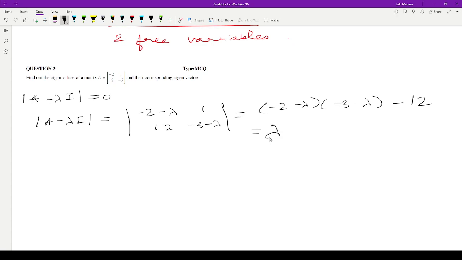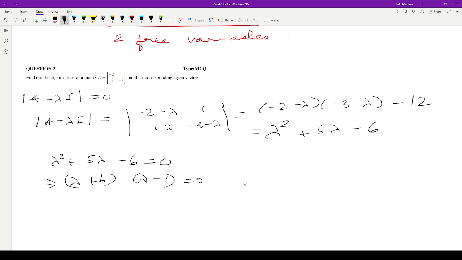So this leads us to lambda square plus 5 lambda minus 6, and if we equate this equation to 0, it turns out to be lambda plus 6 and lambda minus 1, which gives us lambda is minus 6 and 1.